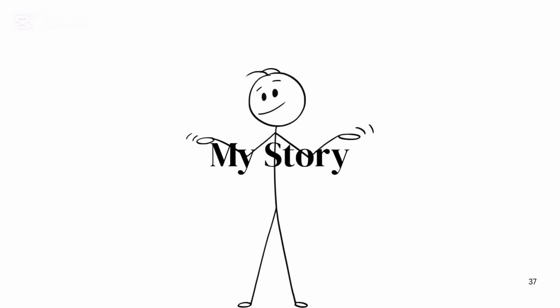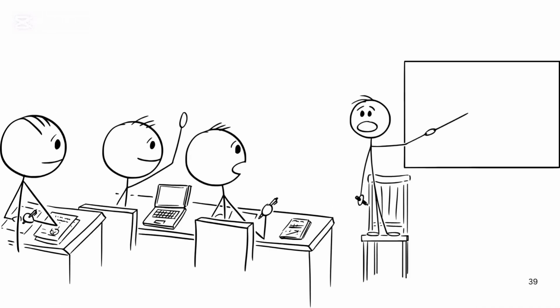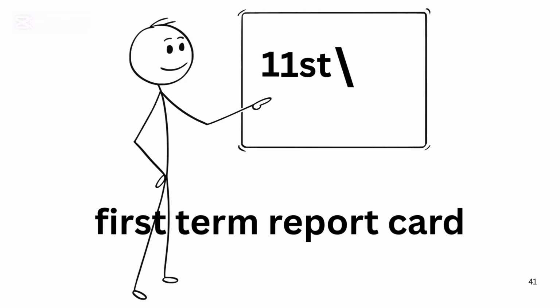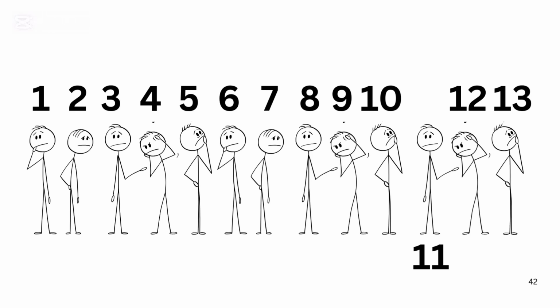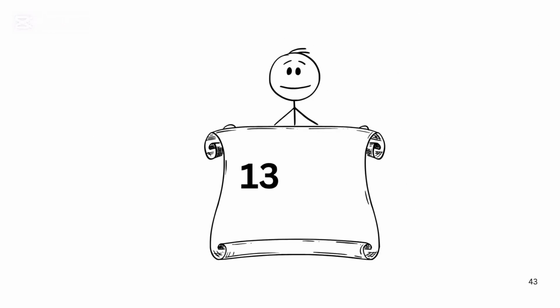Let me share my personal story. When I was in primary school, in the beginning of my studies, I used to get first position. But the problem was, I used to get first position twice in a single term. And we were only 13 in class. That means I was at the back of the class. In secondary school, I used to get like 13th position.